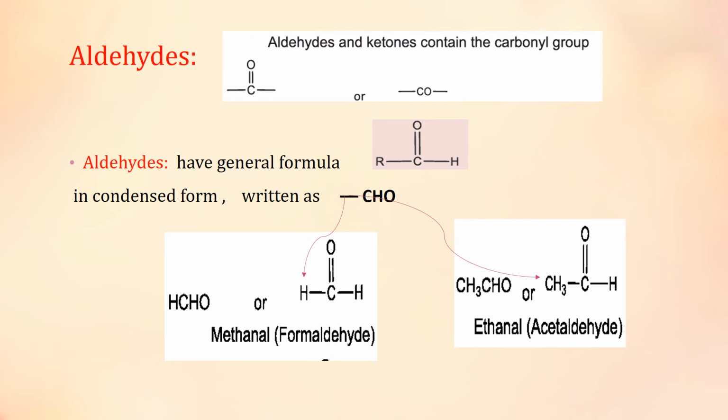It is called acetaldehyde, or ethanal. This shows that an aldehyde will contain a carbonyl group along with one hydrogen atom on one side, and on the other side there may be hydrogen or there may be some alkyl group.